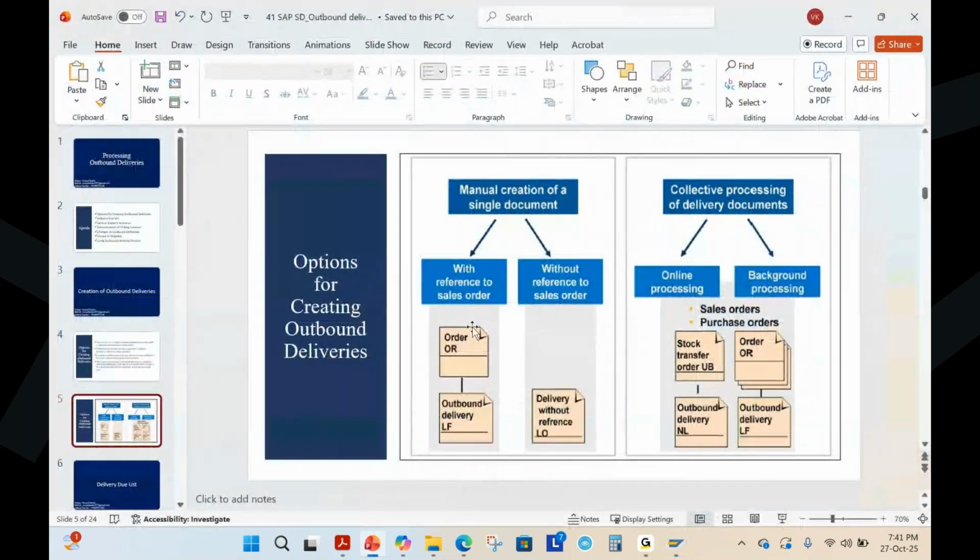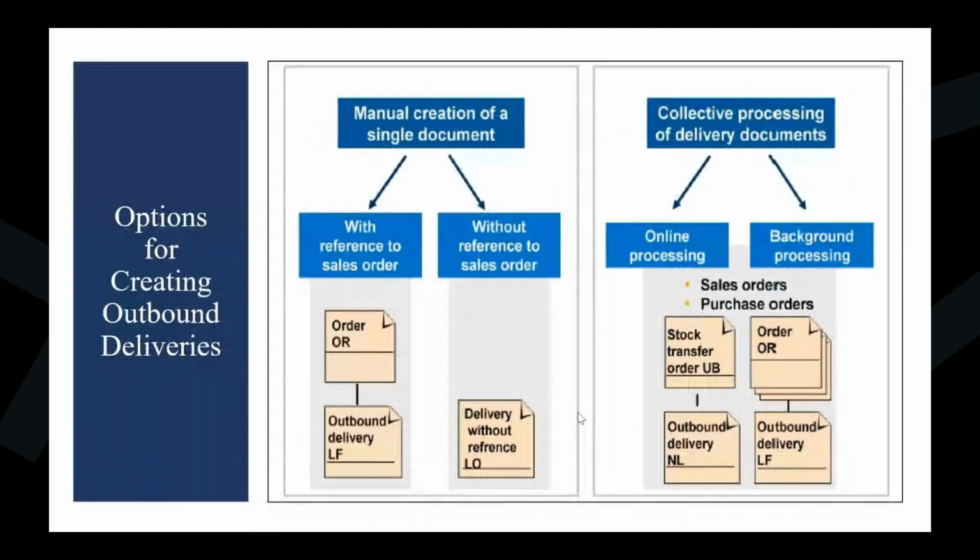That is the first method. Next, manual: sometimes you can create an outbound delivery without reference to a sales order. Directly you can create an outbound delivery. That time we use delivery type LO.